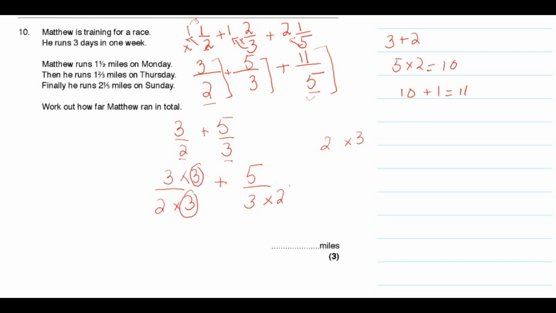So now you get 3 times 3 is 9, and 2 times 3 is 6, and 5 times 2 is 10, 3 times 2 is 6. Now 9 plus 10 is 19, so we have 19/6 and 11/5.